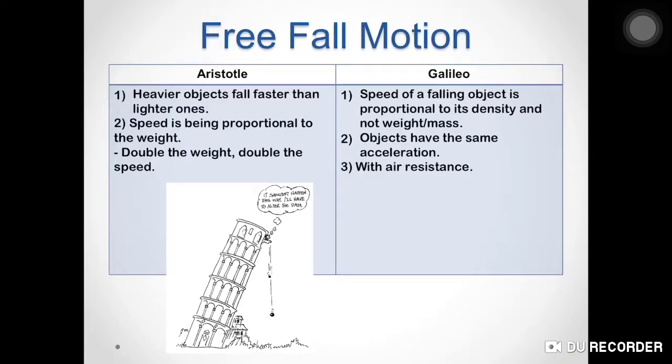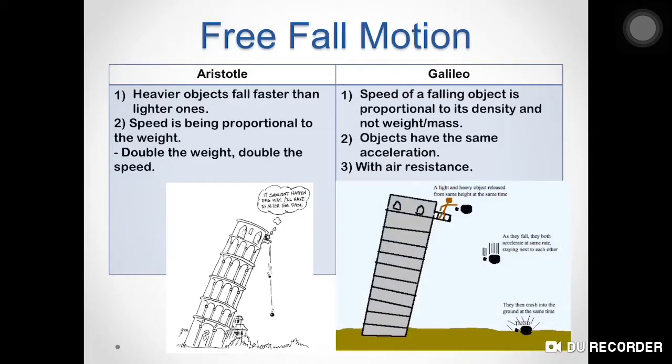But according to Galileo, speed of a falling object is proportional to its density and not the weight or the mass. Objects have the same acceleration, of course, with air resistance.